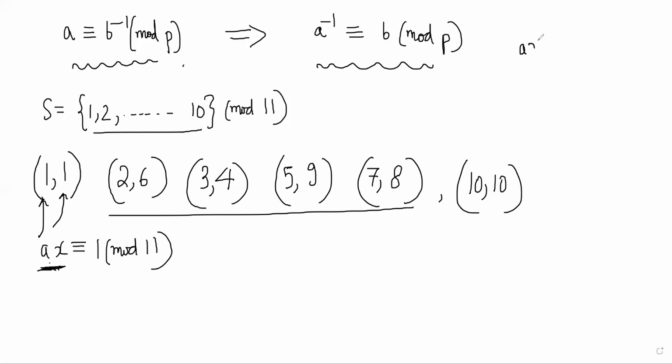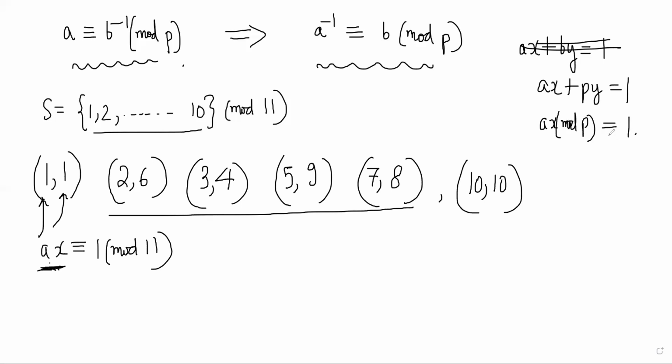I think we can show it, because we had ax plus py is equal to 1, so you'll have ax mod p is 1. But actually it is not necessary to be unique. If p is prime, it will be unique.